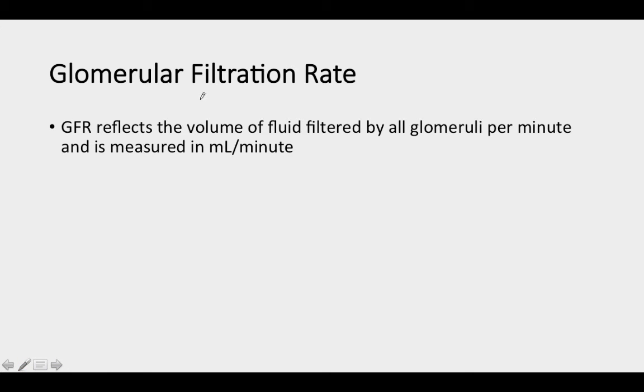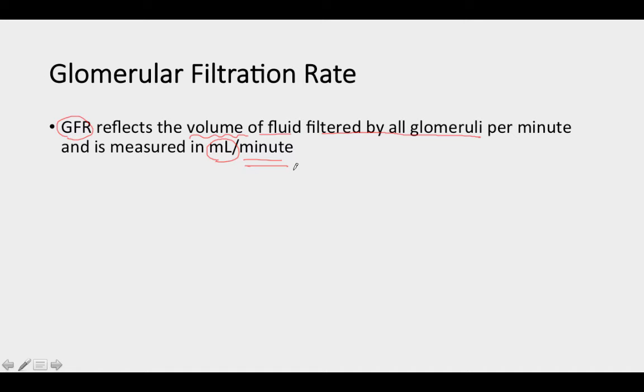Glomerular filtration rate is an extremely important concept to understand. The GFR, you'll see it ordered all the time on Power Chart. What it reflects is the volume of fluid filtered by all the glomeruli in the kidney per minute, and it's measured in milliliters per minute.